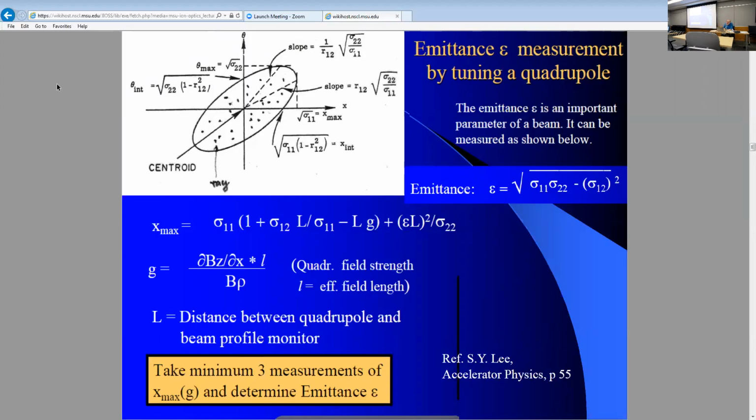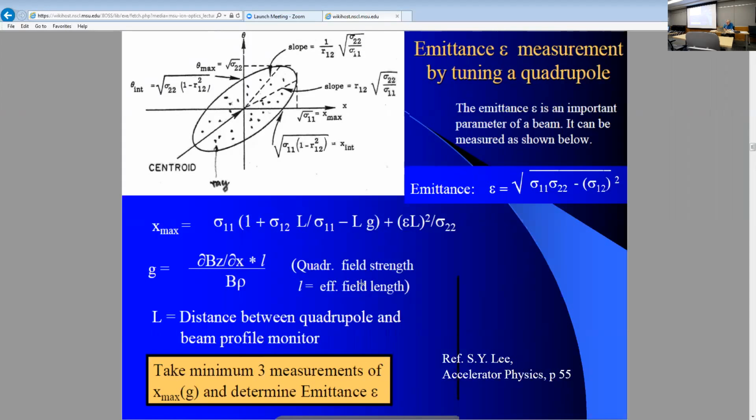X max, which is the maximum image which you could look at on a viewer or a detector if the count rate is not too high, you measure X max, and it depends in this form on the sigma matrix elements of the ellipse, L, which you obviously know because you know where you put your detector, and G, which is the gradient normalized to the total momentum, times the length of the field.